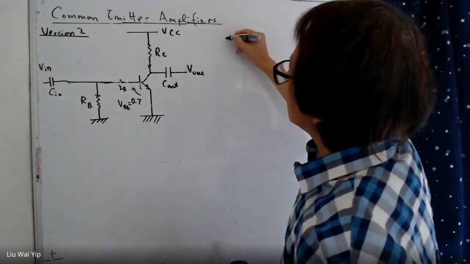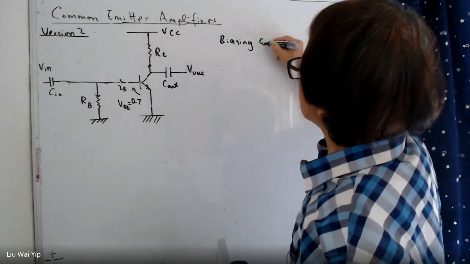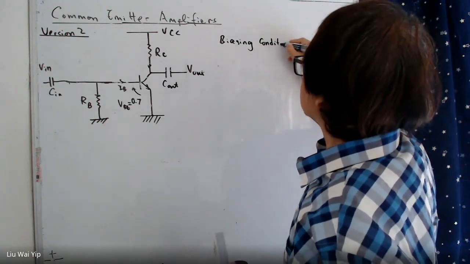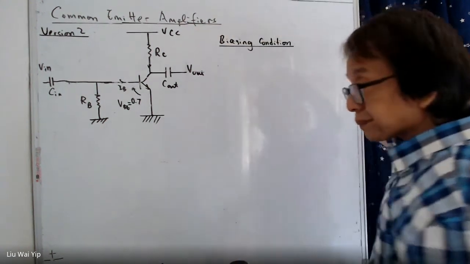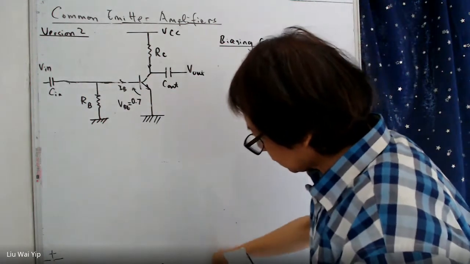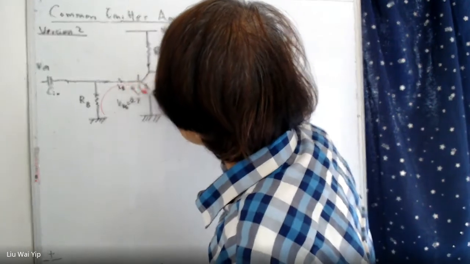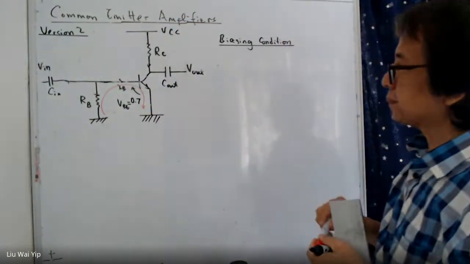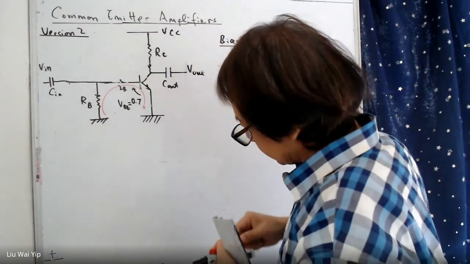So biasing condition. Let's take a look in this loop here. You know the voltage here is always 0.7 volts.